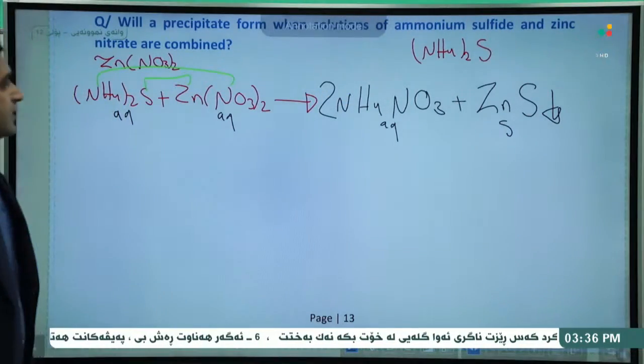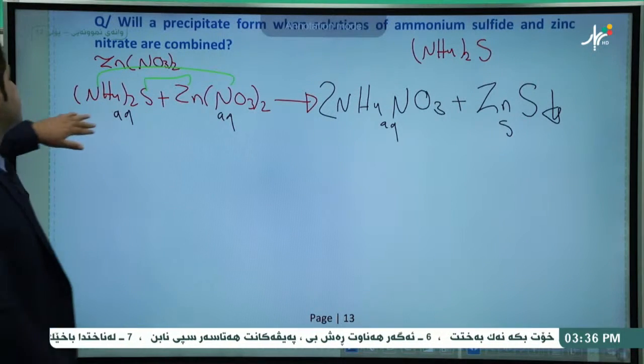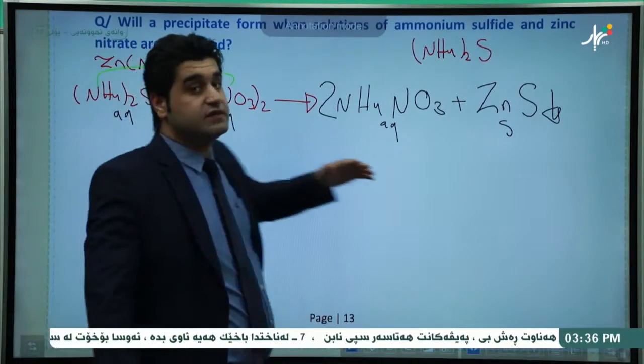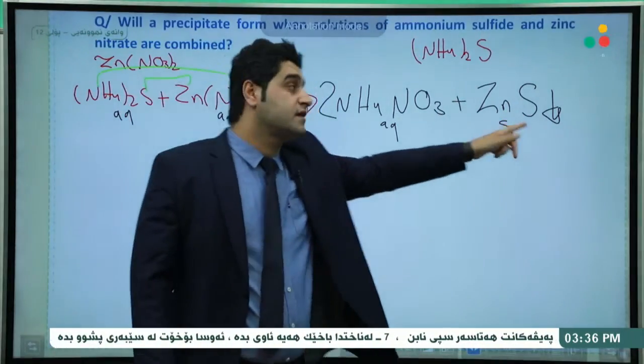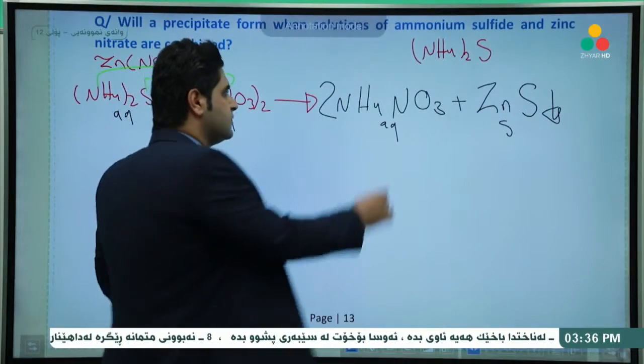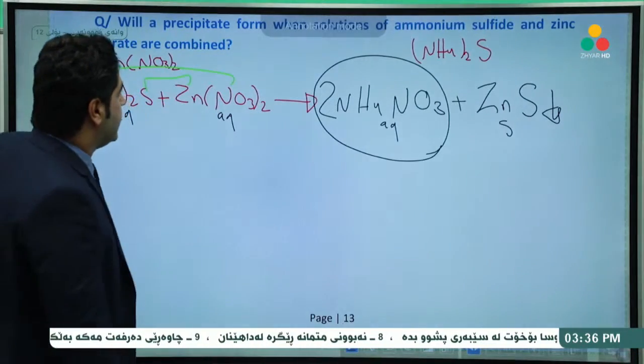It's very easy. Now, for the overall ionic equation, just split the aqueous compounds into individual ions, except for the solid. Then write the spectator ions. We will deal with the aqueous form.